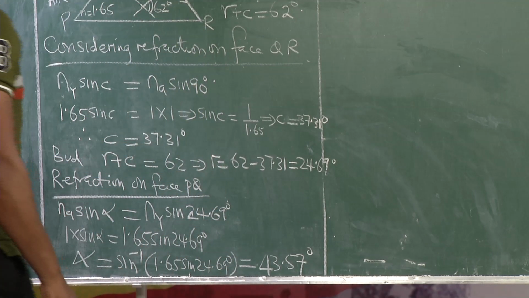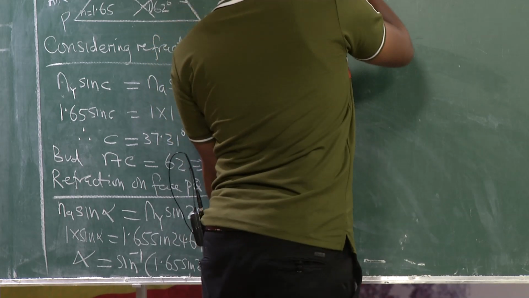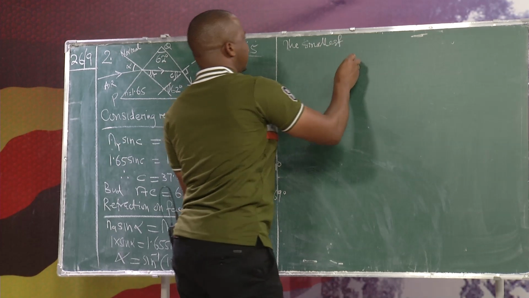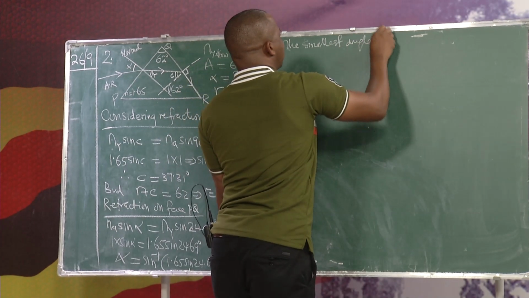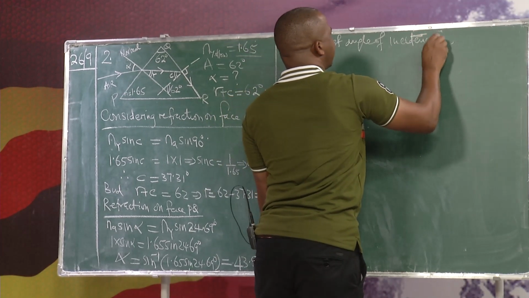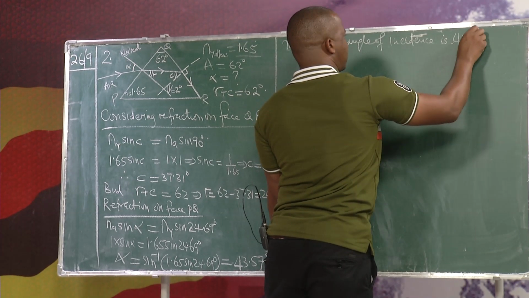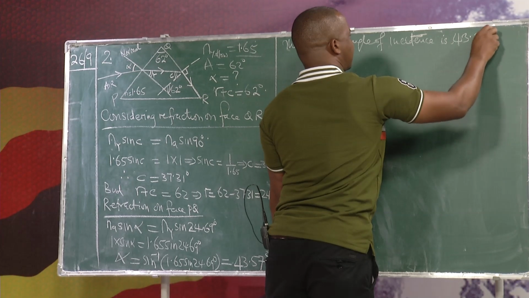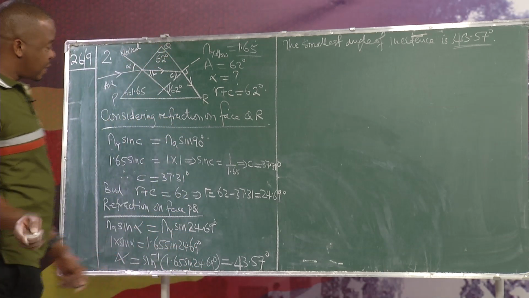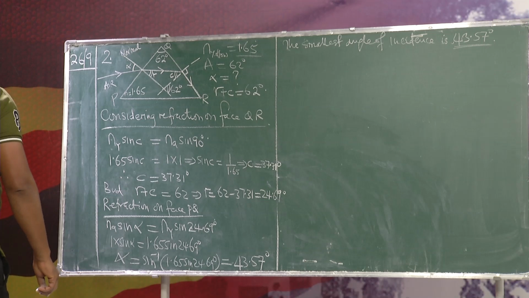43.57 degrees. So we can confirm and say that the smallest angle of incidence is 43.57 degrees, as required by our second number.